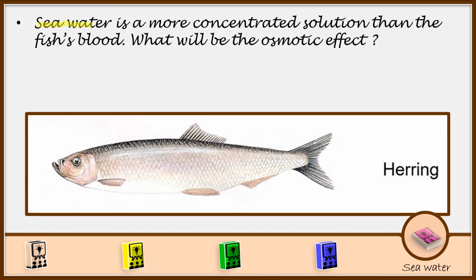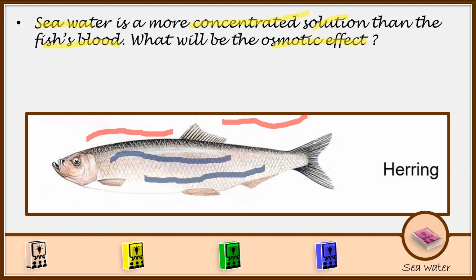Seawater is a more concentrated solution than the fish's blood. What will be the osmotic effect? Now here we have a seawater fish. The concentration of its blood is lower compared to the concentration of the water outside it. So what do you think will happen osmotically?